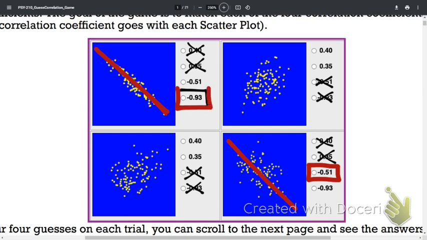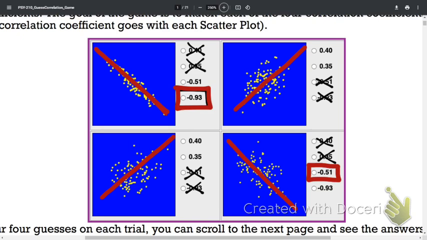All right, let's look at the 2 positive ones now. I've got 0.4 and 0.35. Those are really close together, right? But which one of these has more of a line shape to it? I think this one has more of a line shape, only a tiny bit more.